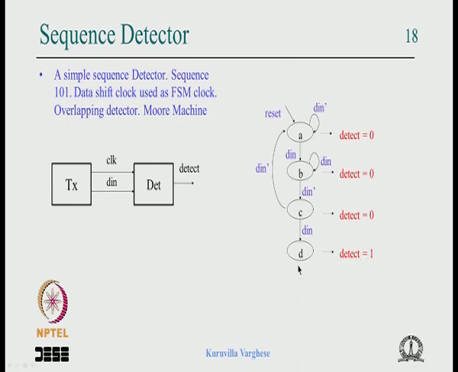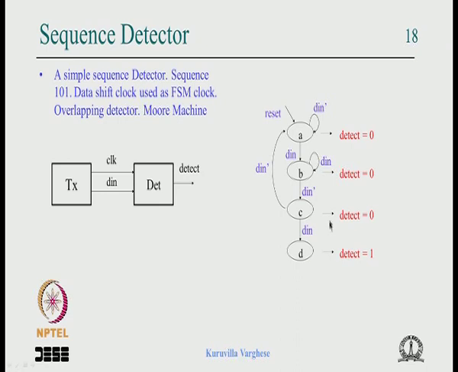Now the game starts. If it is 0, mind you, we have got 1 0 1. Now with 0, you should not go back to the start, because this 1 could be the start of a new sequence. So if it is 0, you go to the state where we have 1 0, and if 1 comes, you come back here.